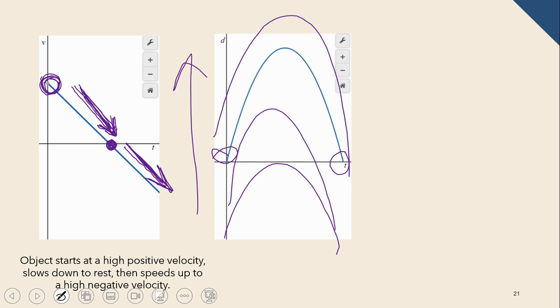And then it's going to have this little peak because the velocity is going to be 0 there. So a little peak or a vertex, if you will. And then finally, after that peak, you want your graph to move in the negative direction. You want it to move down because our graph now has a negative velocity. But otherwise, the position of the graph does not matter.